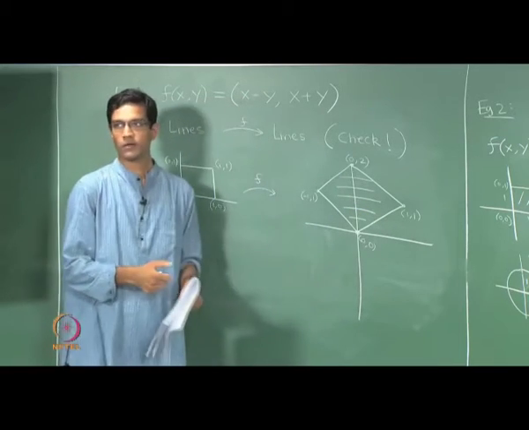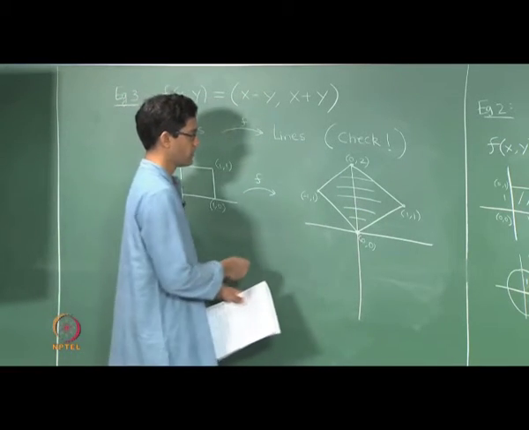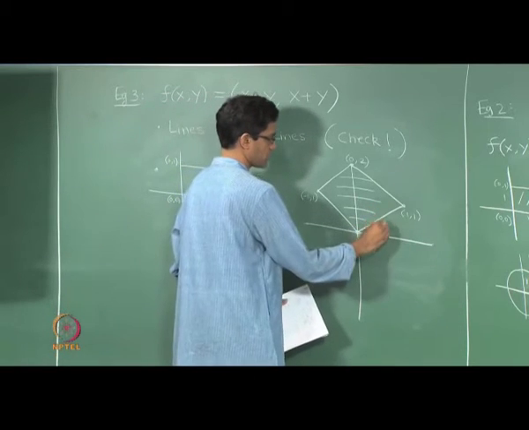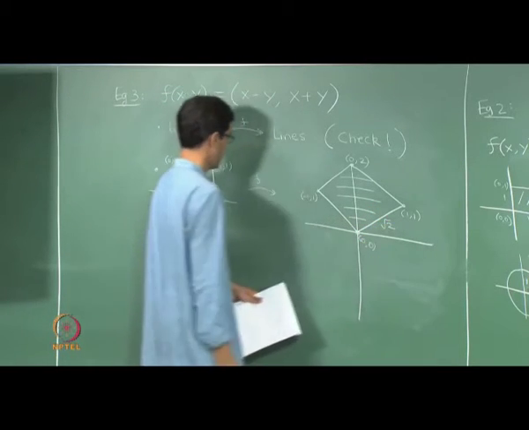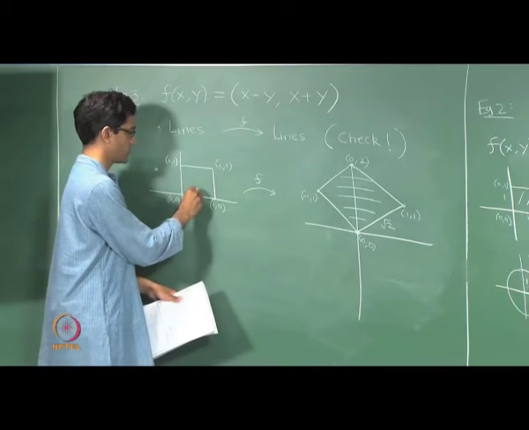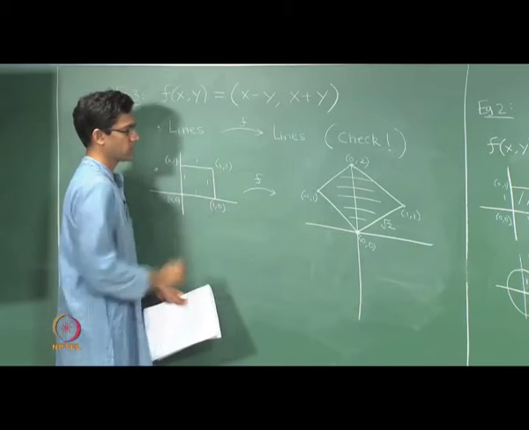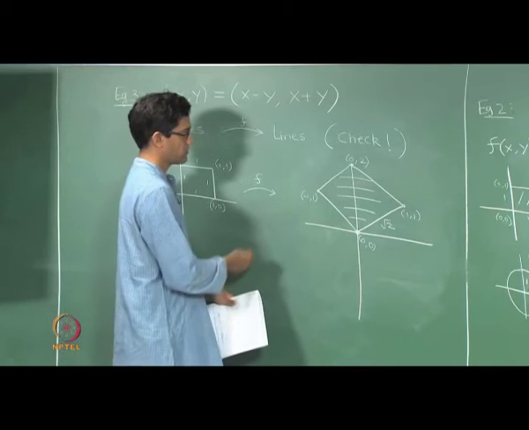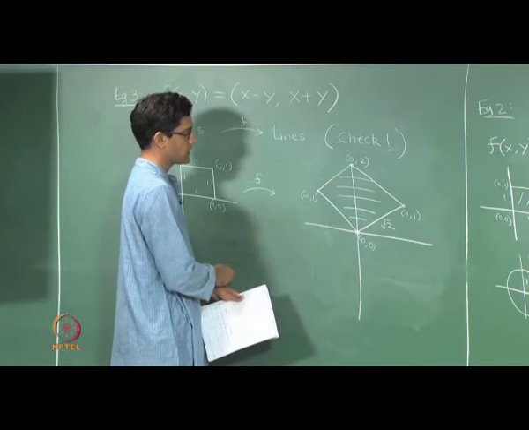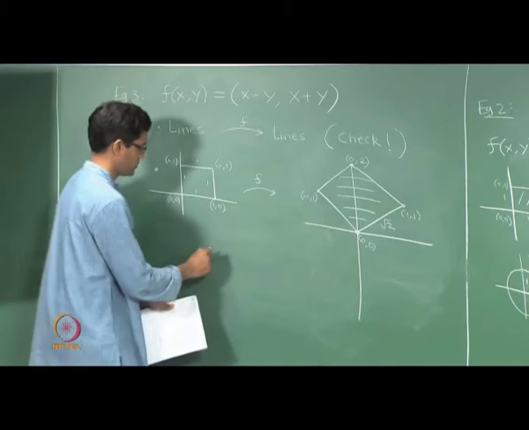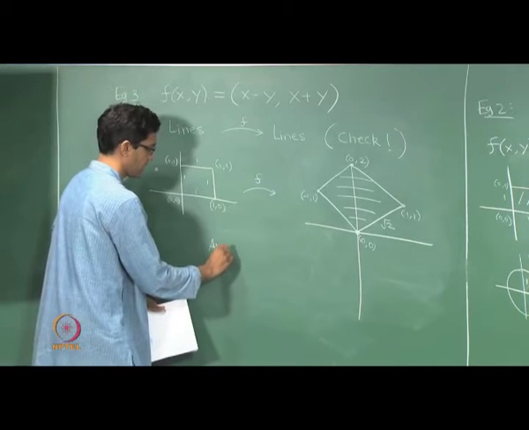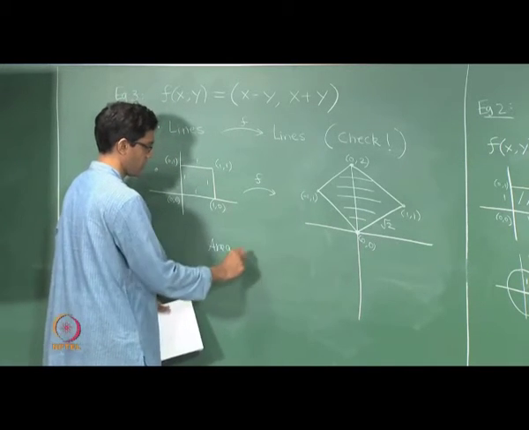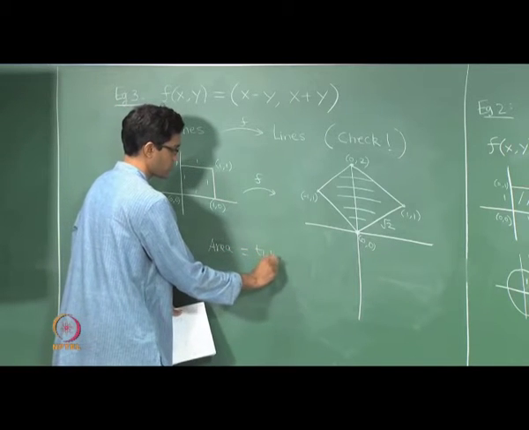Observe that this is again a square, but what is the length of this side? It is square root 2 times the length of this side. So, this is a square of side 1, whereas this is a square of side root 2. And what happens to areas? The area becomes twice the original area.